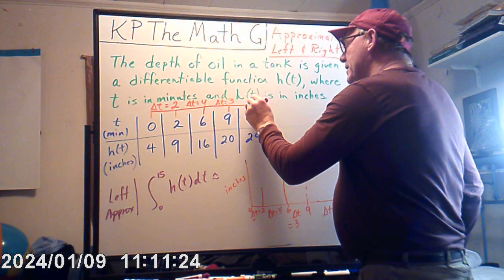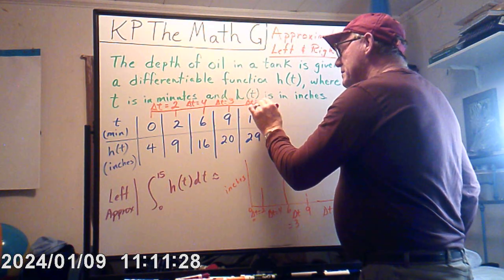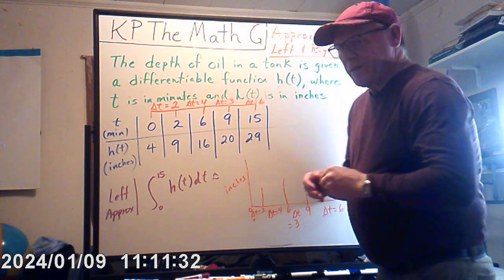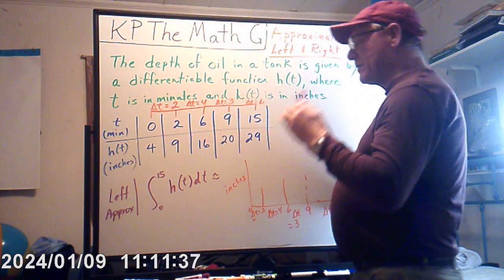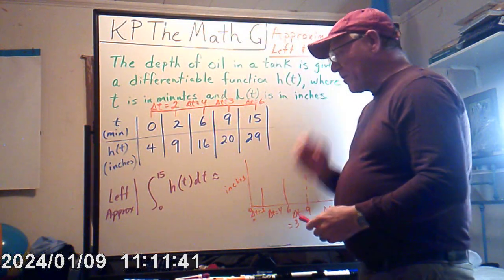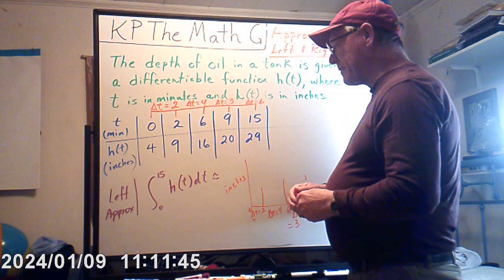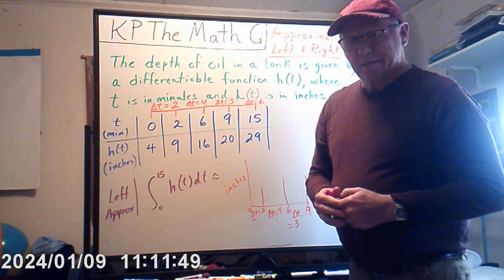So right here, delta t is equal to 6. And we have to use those 4 numbers, whether we're doing a left approximation, a right approximation, a trapezoidal, or a midpoint. We still need to keep these in mind.